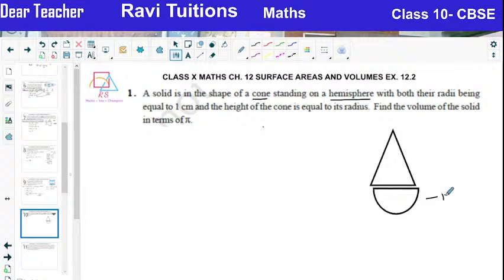This is the hemisphere and this is the cone. I told you, you should write the cone measurements and hemisphere measurements. Cone measurements are radius, height and slant height. Hemisphere is only radius.